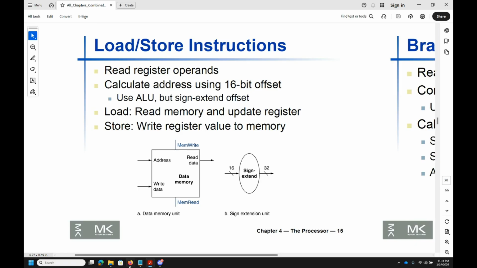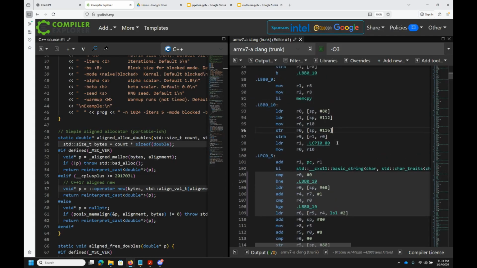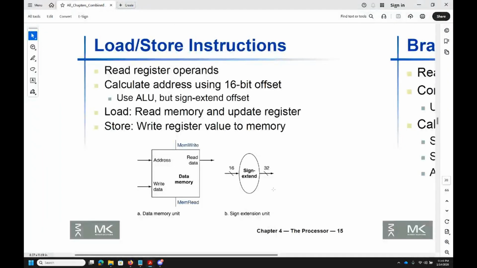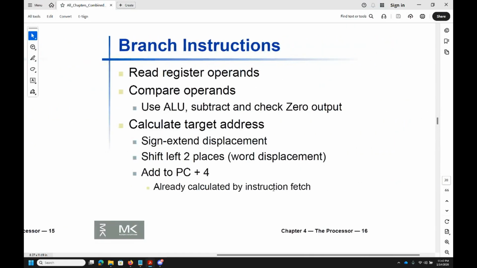So here in this instruction, you can see that there are relative addressing modes going on, where it's telling you the position relative to one particular instruction. Like SP here is the stack pointer, and it's 112 from there. So it's giving you some calculation. So you're doing math here, and from the offset. So there are load and store instructions.